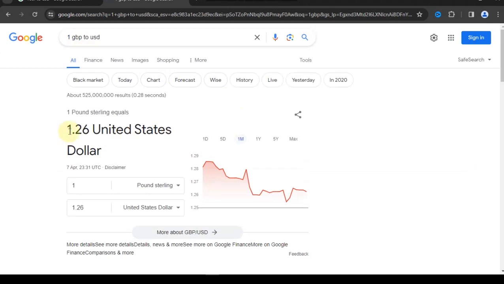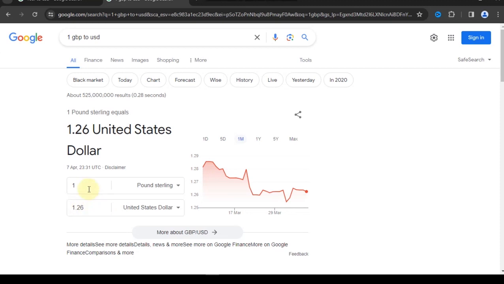So what do you see? 1.26. So what does that mean? That £1 is equal to $1.26. That is one US dollar 26 cents.